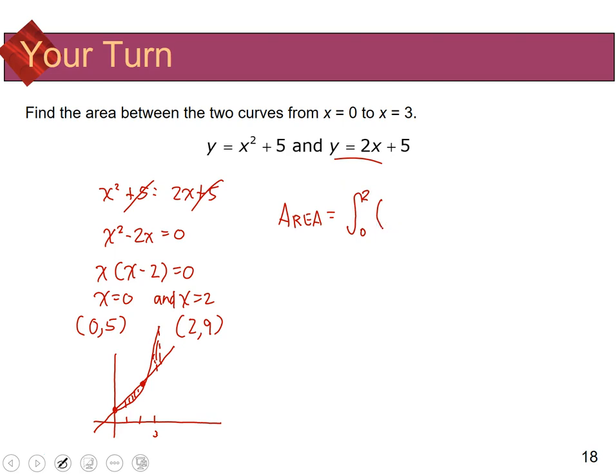where I have the line on top, so 2x plus 5 minus x squared plus 5 dx. And to that I'm going to add the integral from 2 to 3 of, now in that case, the x squared plus 5 is on top, minus the 2x plus 5.